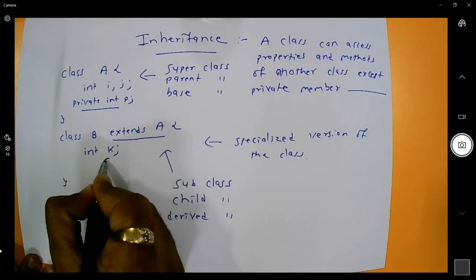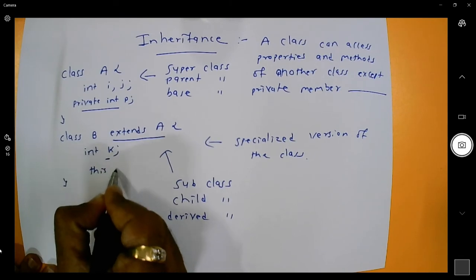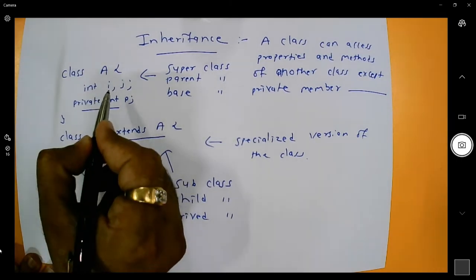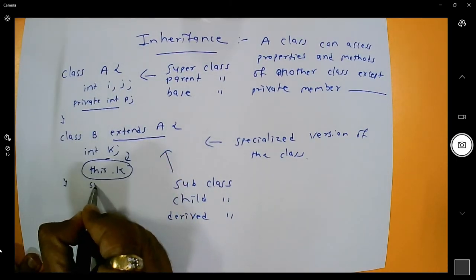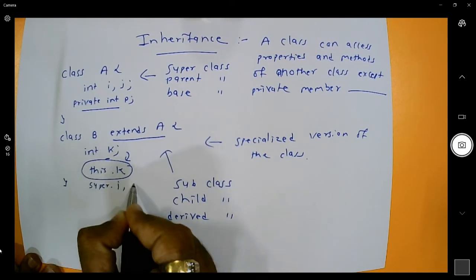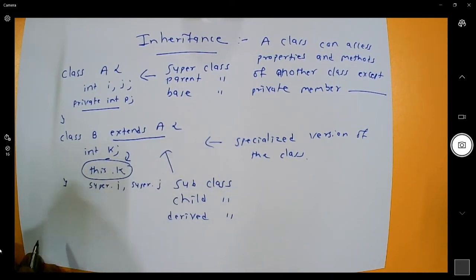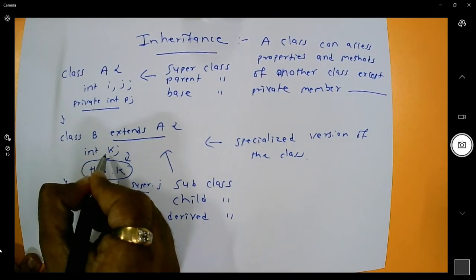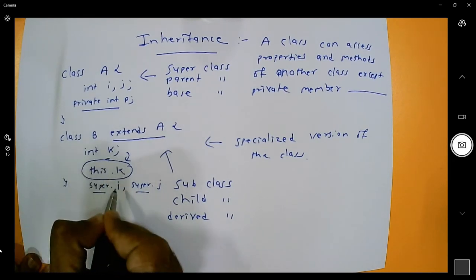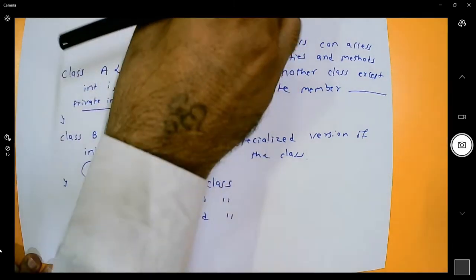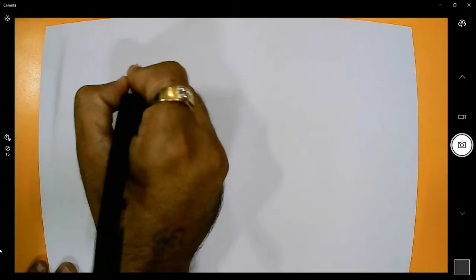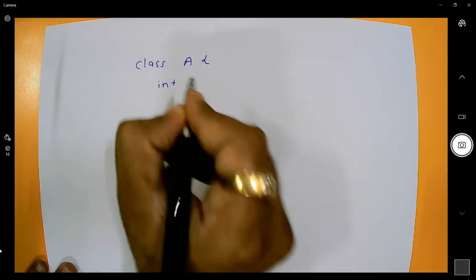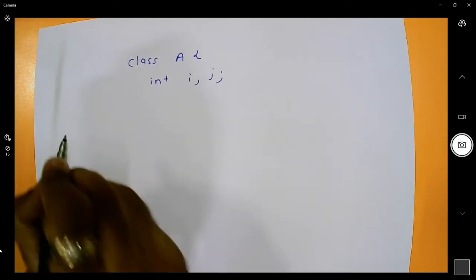Suppose you want to access this k, then you can write this dot k. But if you want to access i and j, then you can write super dot i and super dot j. But you don't need to write the super keyword if i and j are not declared over here. If you have the same copy, that is variable shadowing. For example, I have one class A in which I have integer variables i and j.